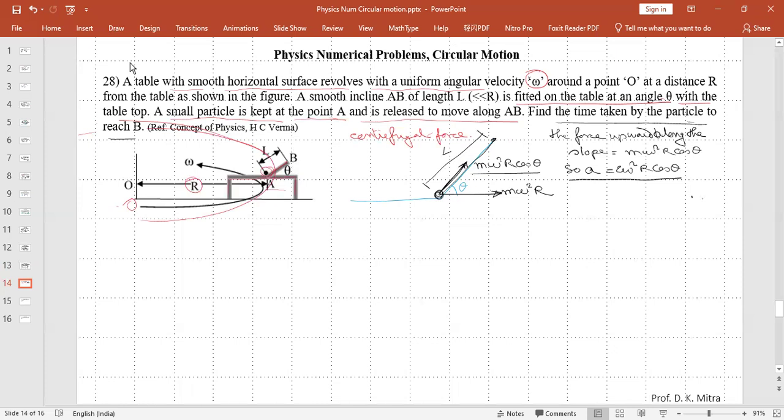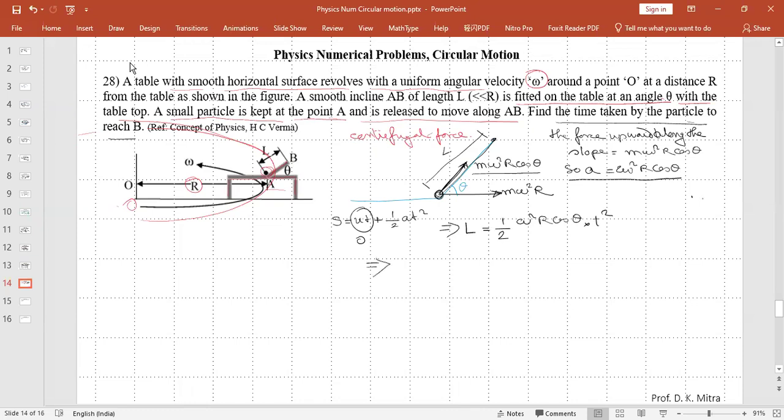By using the kinematic equation, S equal to ut plus half a t square, where ut is 0 since it starts from rest, the length L is equal to half omega square r cos theta into t square, where t is the time required.